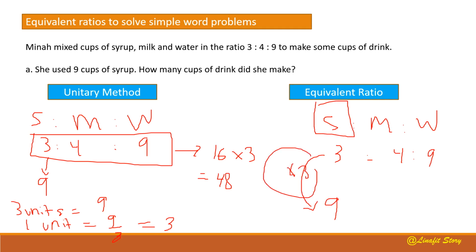So this means that we have to use the equivalent ratio to find the number of cups of drink for the milk and the water. So milk, 4 times 3 equals 12, and then the water, 9 times 3 equals 27. So how many cups of drink did she make? So it will be 9 plus 12 plus 27 equals 48.